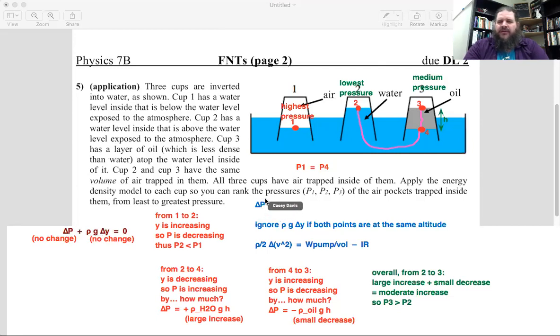But are there any circumstances where, what would be a common value of pressure where you could say this point has to be at this pressure because of some circumstances? What's a certain pressure that shows up all the time? If water's exposed to like the atmosphere.